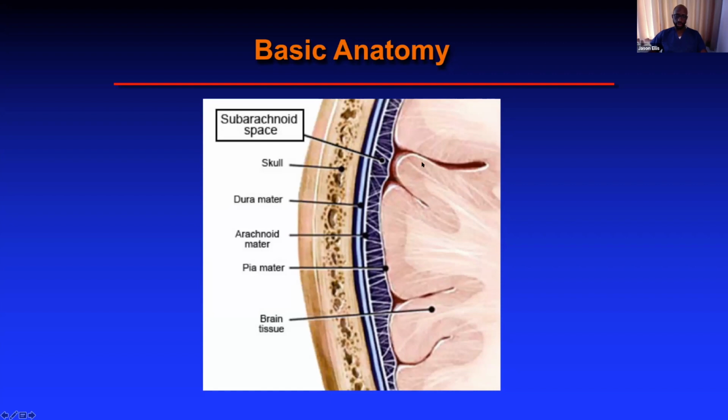Okay, so the three membranes you want to remember just inside the skull are dura, arachnoid, and pia, in that order from most superficial to deepest. Okay, and if you think of those layers, I think it'll help you understand the categorization of where brain bleeds are likely to occur. And by the way, the dura, the arachnoid, and the pia, those form the meninges. Okay.